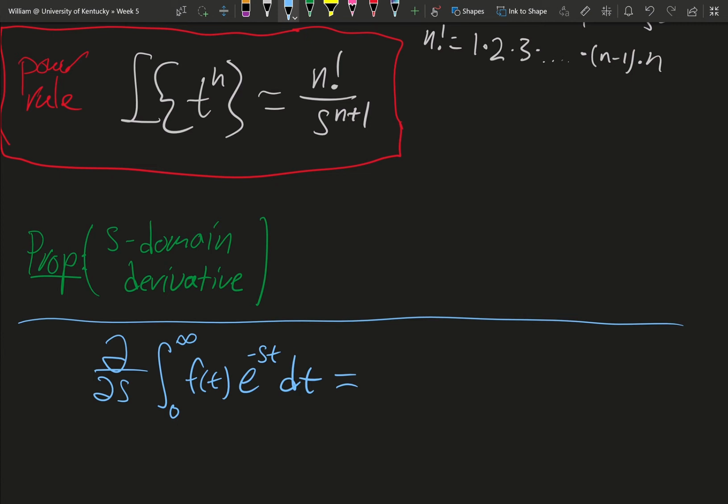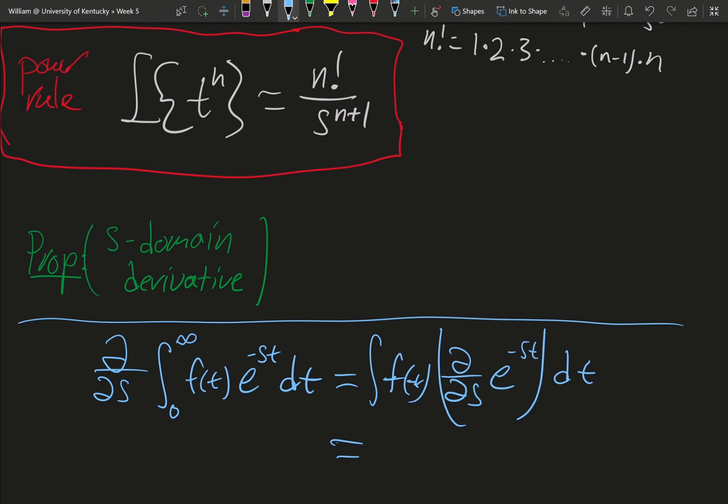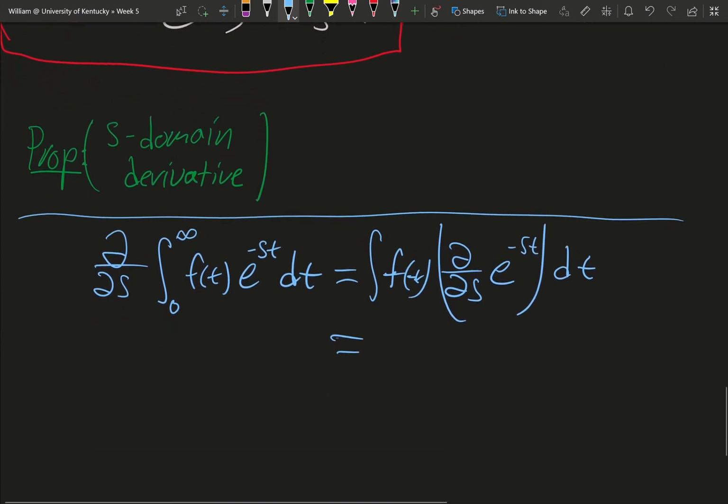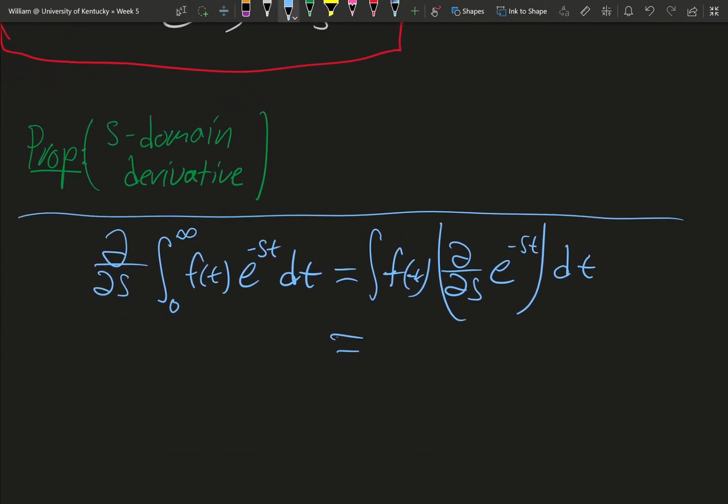So if I take the partial derivative with respect to s, note that I can ignore the f of t, that's basically a constant, and I'm just asking to take the partial derivative of e to the negative st with respect to s. We know how derivatives of exponents work. We're just going to multiply by negative t.